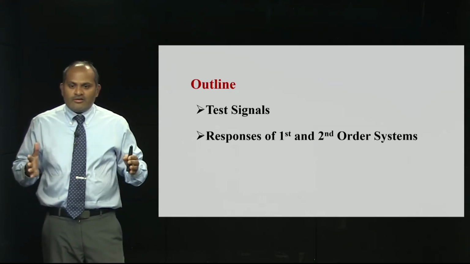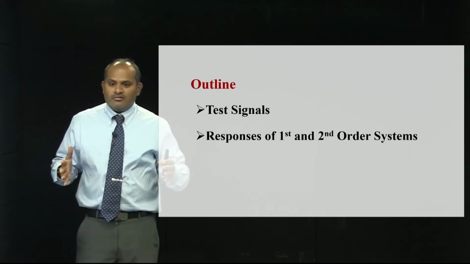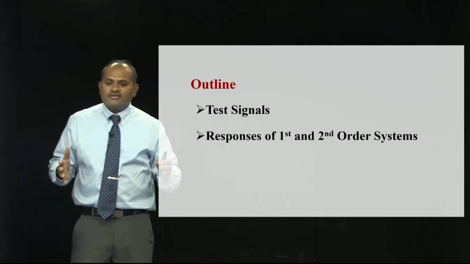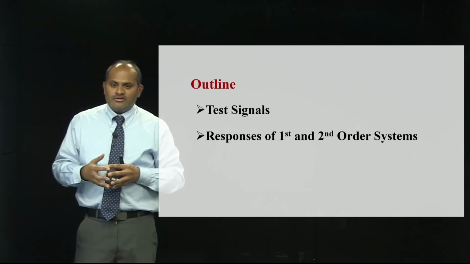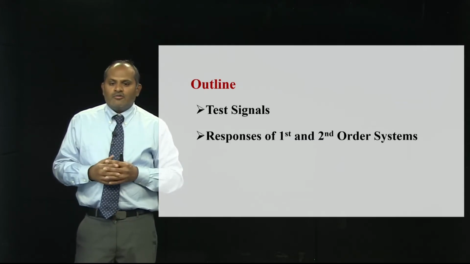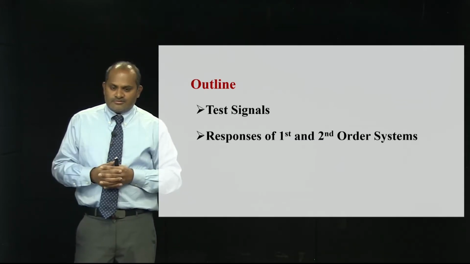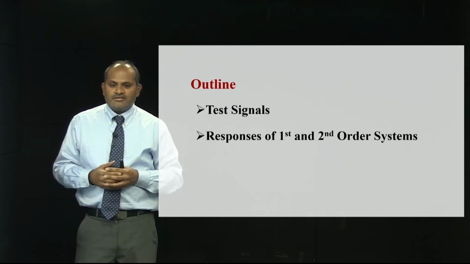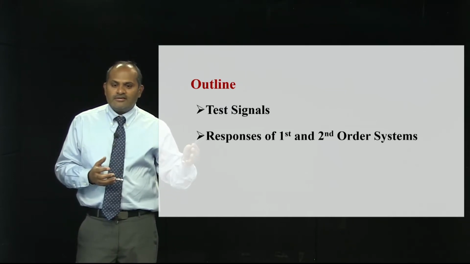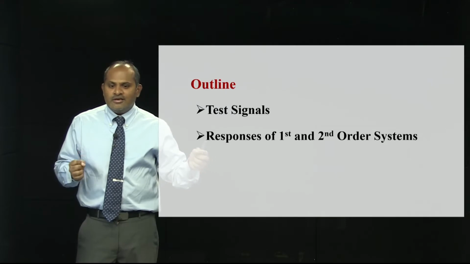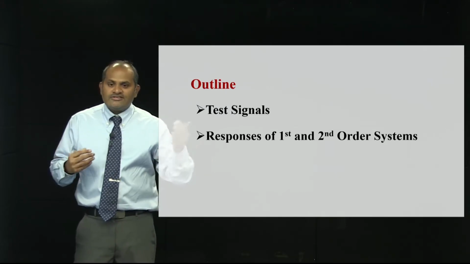In this lecture series, we only analyze first and second order systems. We don't analyze third order, fourth order, fifth order, sixth order systems. The reason, as we're going to learn later, is that even higher order systems can be approximated as second order systems.